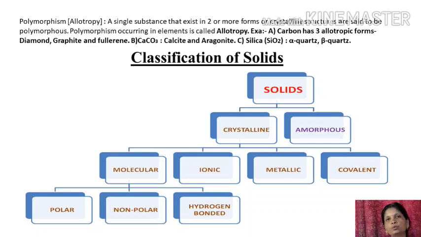Now let us discuss the classification of solids. As we said, solids are of two types, crystalline solids and amorphous solids. Crystalline solids are of four kinds: molecular solid, ionic solid, metallic solid and covalent solid. Molecular solid is again of three kinds: polar solid, non-polar solid and hydrogen bonded solid.